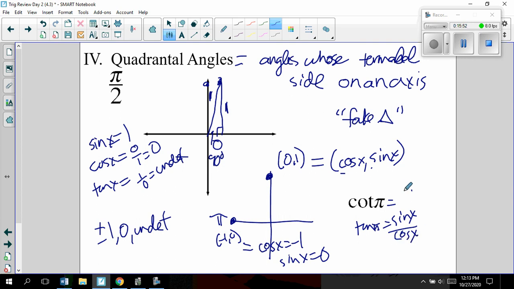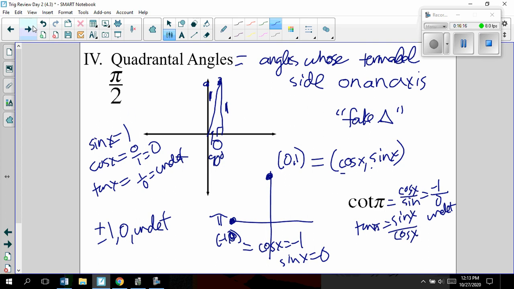So cotangent is cosine over sine. And so when I look back here, I want pi. So here I'm at pi. I write my coordinate. I want the cosine number, which is -1. I want the sine number, which is that 0. -1 over 0 is undefined. So cotangent at pi is undefined.